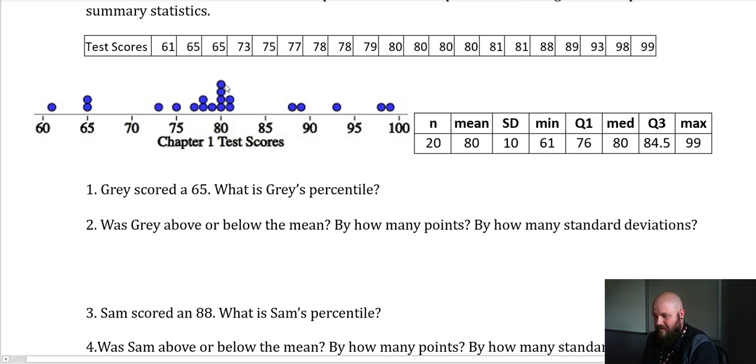So if we've got two of them at 65, we can't count those guys, but we can count this one right here. So we are going to go with 1 out of 20.